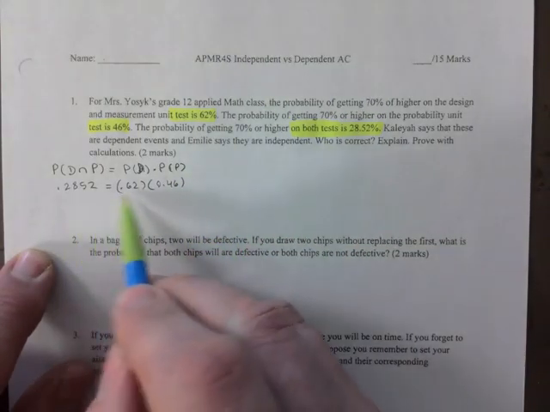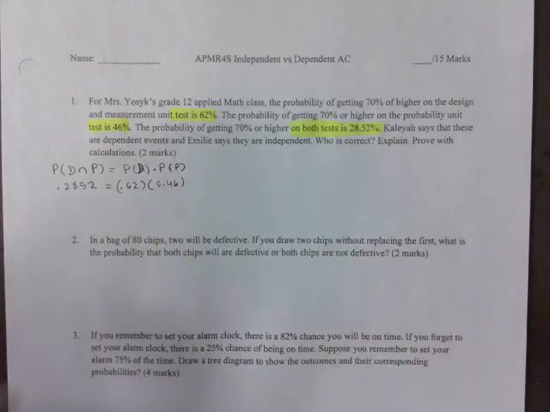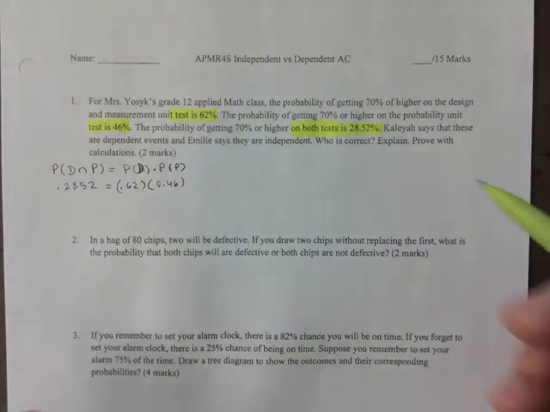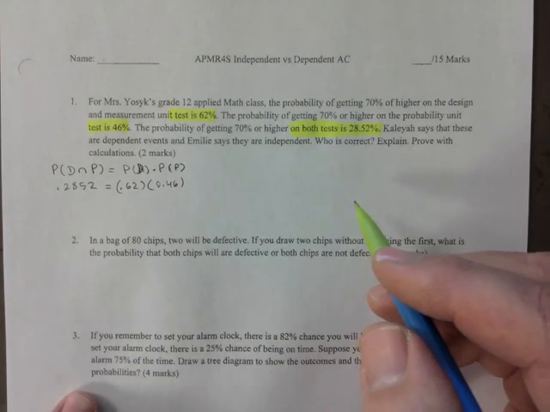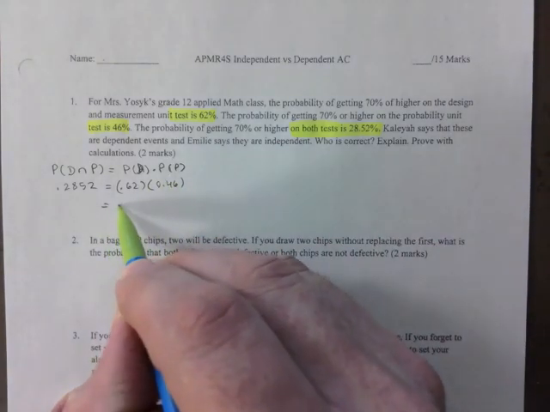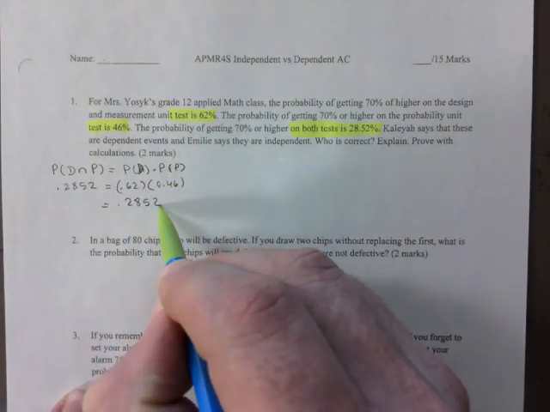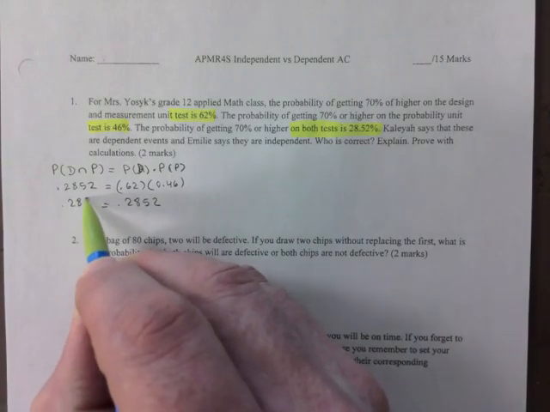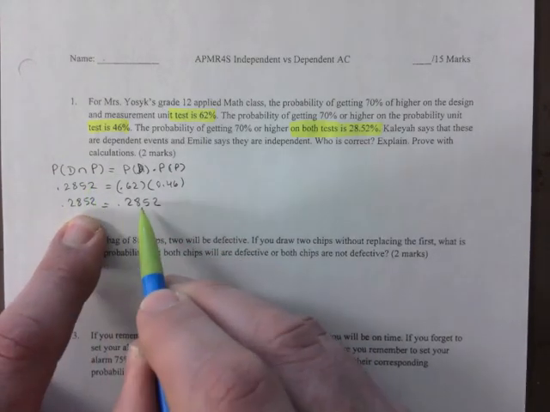So now we want to see if left-hand side is equal to right-hand side. So this is the best way to calculate that. I have my key here, so what am I doing? So when you multiply these two, you actually do get 0.2852. And that matches what you're supposed to get.